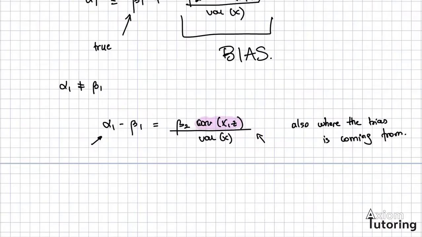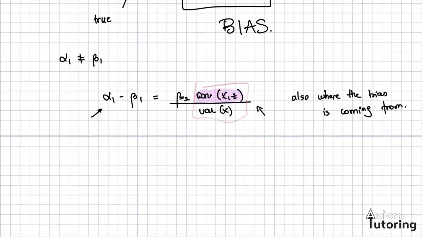Okay? Now, what this entire part of the fraction tells us is going to be looked at in the next video, but just to give you a heads up, this is going to come from what we will call an auxiliary regression coefficient. In the meantime, keep in mind the interpretation is that the bias depends on two things.